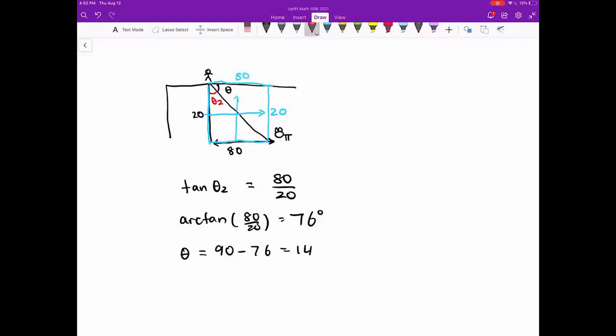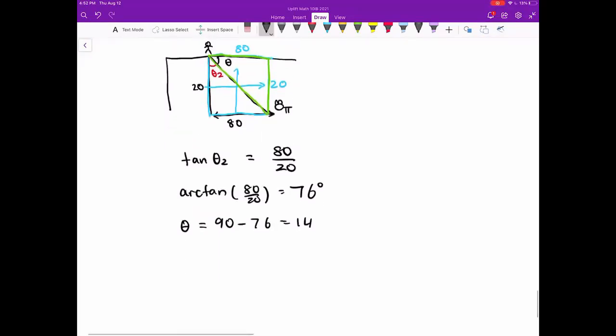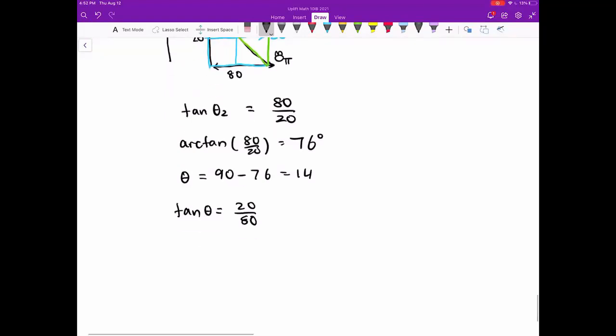Now our triangle looks something like this, as labeled in green. So we can just use tan again. Tan theta is 20 over 80. Theta is arctan of 20 over 80, which should give us 14 degrees.